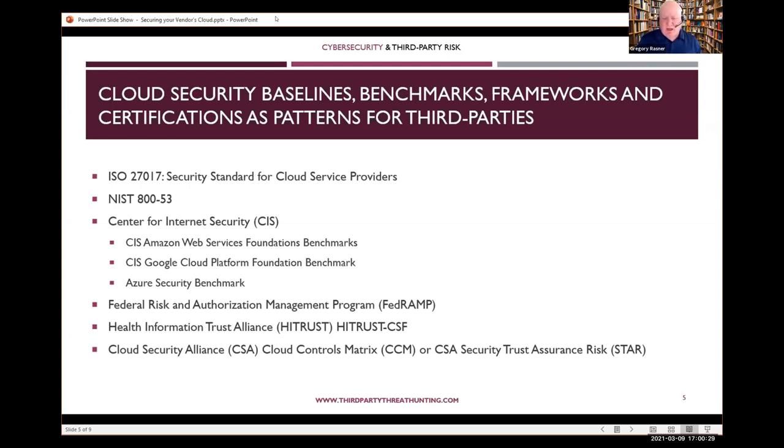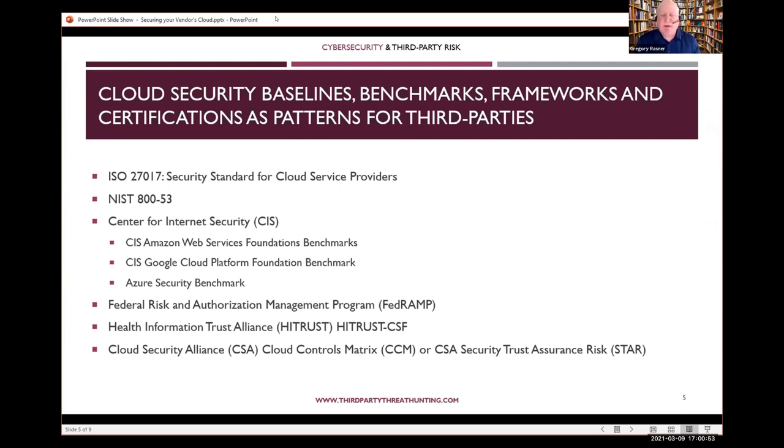This helps in a number of ways. One is it establishes internally with your internal business partners what you're expecting of vendors who use cloud. It also makes it easier for a vendor who does use a cloud service provider to understand what you expect, and you don't have to repeat it ad hoc every time.